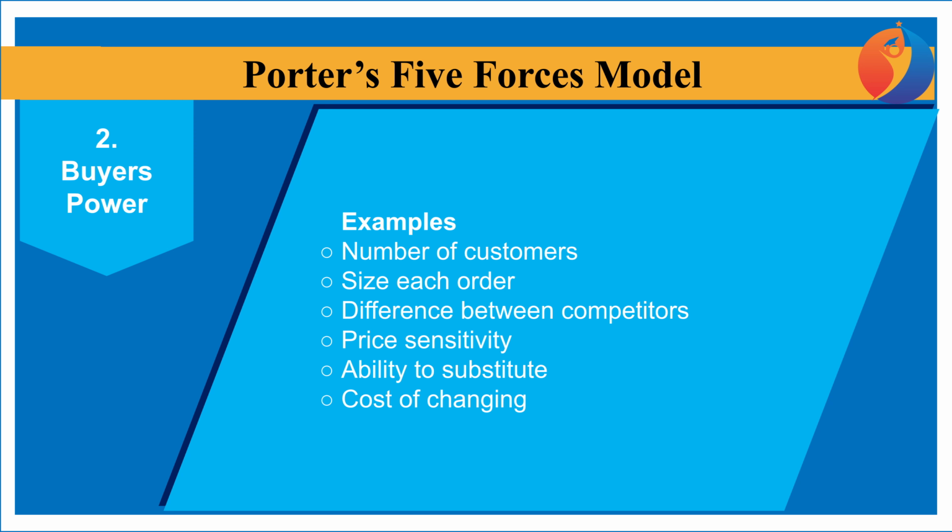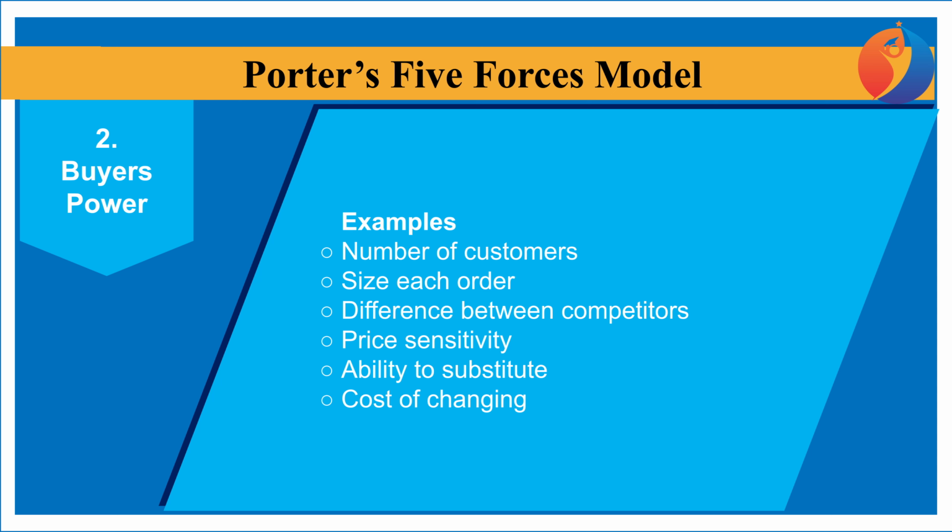The second force is buyer power. If the number of buyers is low compared to the number of suppliers in an industry, then they have what's known as buyer power. This means they may find it easy to switch to new, cheaper competitors, which can ultimately drive down prices. Think about how many buyers you have, that is, people who buy products or services from you. Consider the size of their orders, and how much it would cost them to switch to a rival.